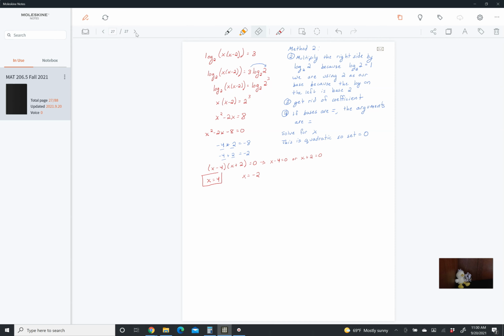Okay, and it would be enough for me here if you just boxed your answer and you said, you have to write this, x equals -2 is extraneous. And I'm going to put in as extra, you don't have to write this when you do your final answers, but this is because the argument is negative.